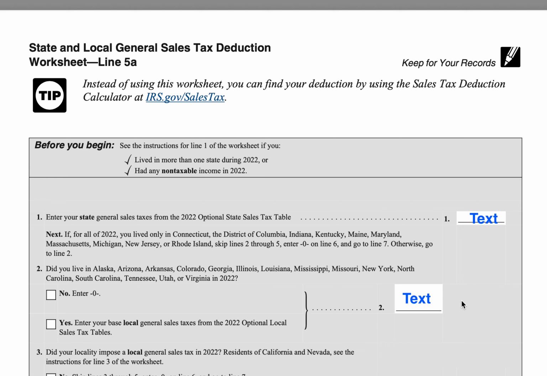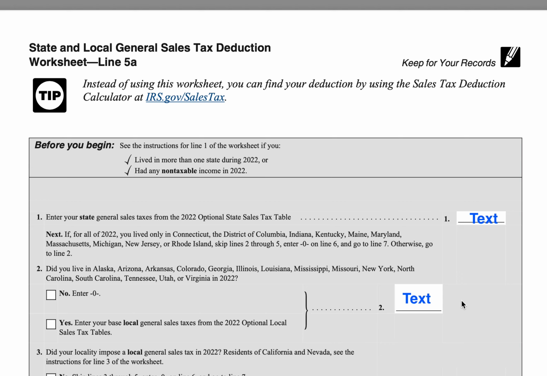You would go through the columns for that state and find the line that includes your income for the tax year. If you lived in more than one state, you would first look up the table amount for each state using the instructions, which we'll go over. You would multiply the table amount for each state by a fraction. If your denominator is 365 days out of the tax year, you would multiply each state by the number of days that you lived in the state.